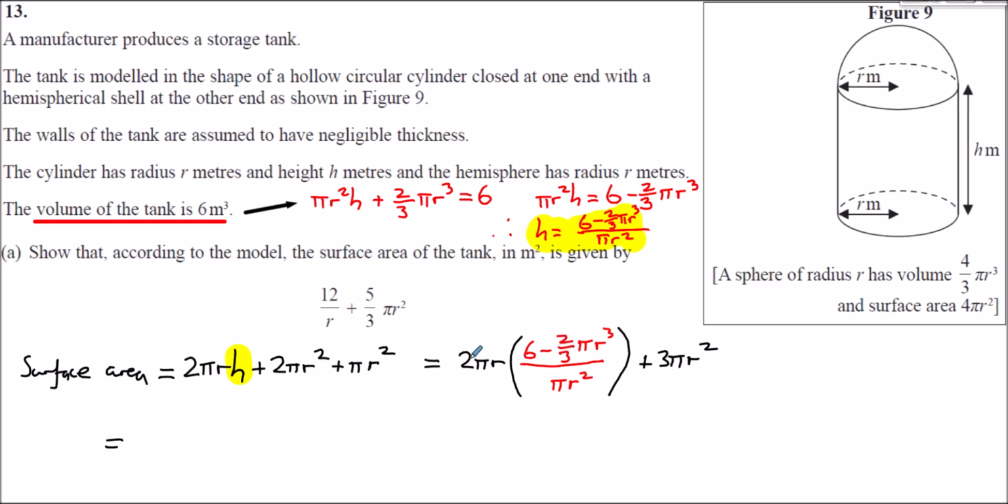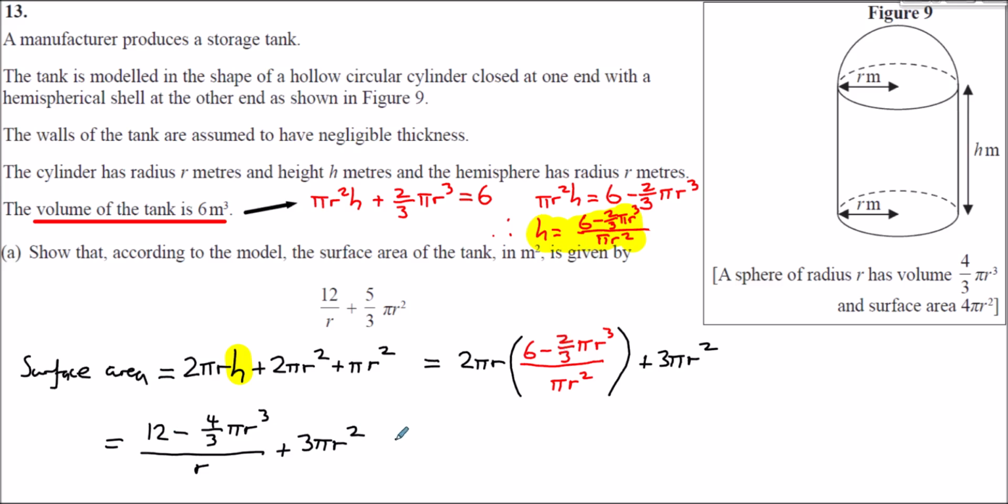So I'm going to take this 2 to essentially double all the top, so I'm going to have 12 minus 4/3 pi r cubed. That pi and that pi will cancel, and then I'm going to divide this all by r, like so, then plus 3 lots of pi r squared.